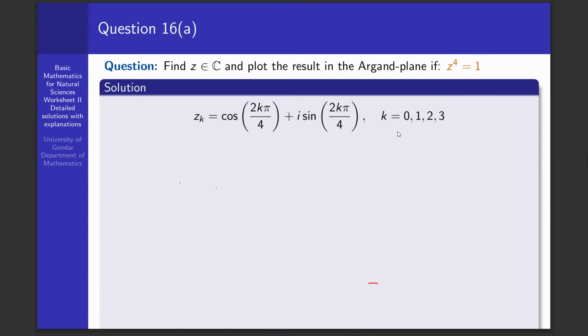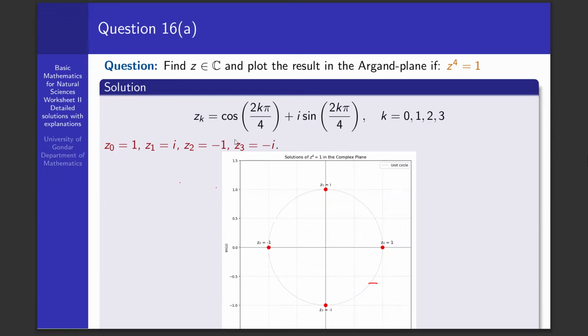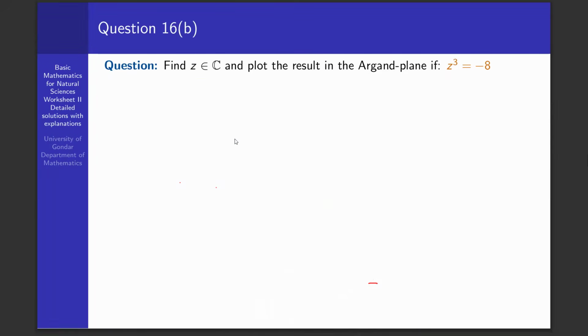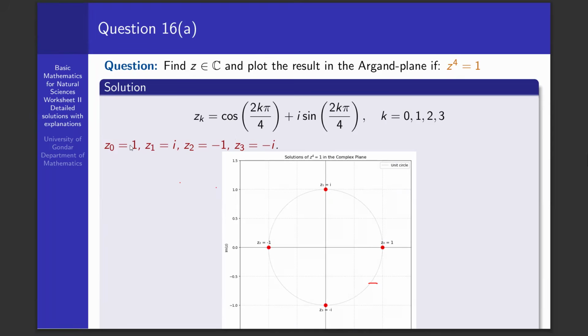Therefore, individually, when k is equal to the first one, that's simply 0, if you substitute k equals 0 here, we have z0 equals cosine of 0 plus i times sine of 0. Cosine of 0 is 1, but sine of 0 is 0, so z0 is 1.